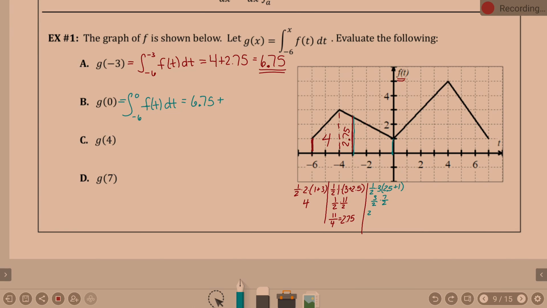So I got 21/4, which is 5.25. And I'm not saying you can't use a calculator, okay? It's easier for me to just go that fraction route and convert back. So this is 5.25 right here. When I add the 5.25, are you telling me 12? Yeah. So the area from -6 to 0 is 12? Okay.